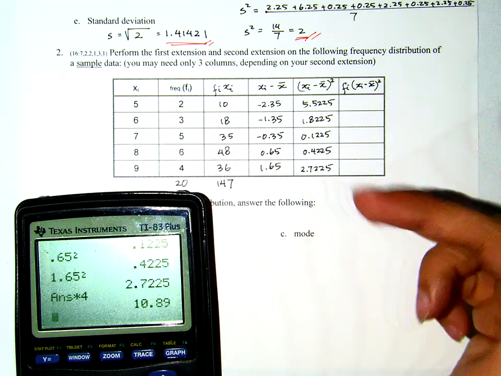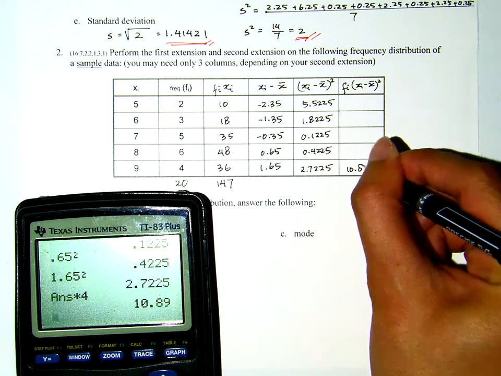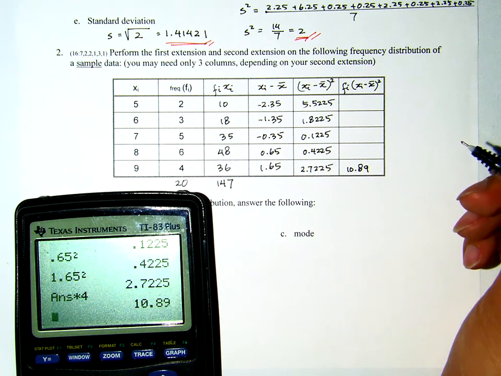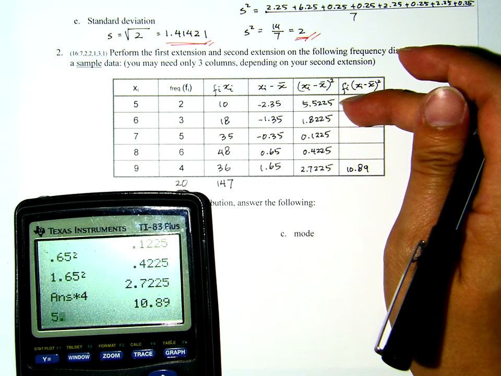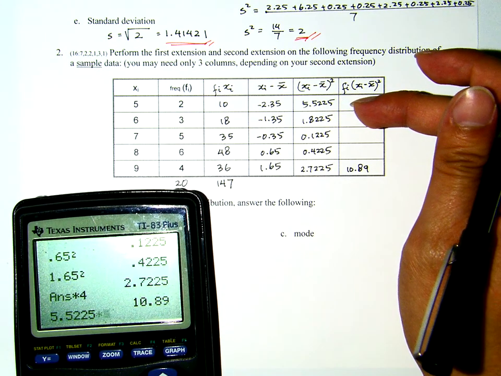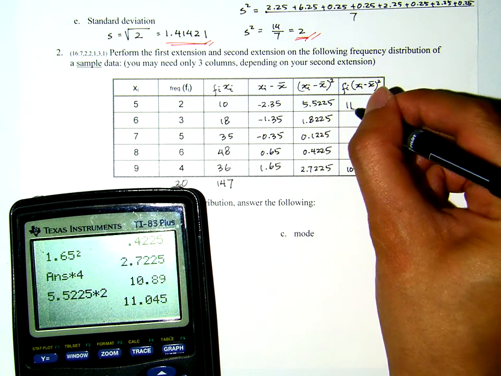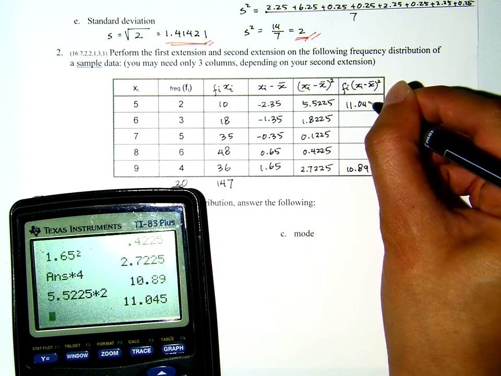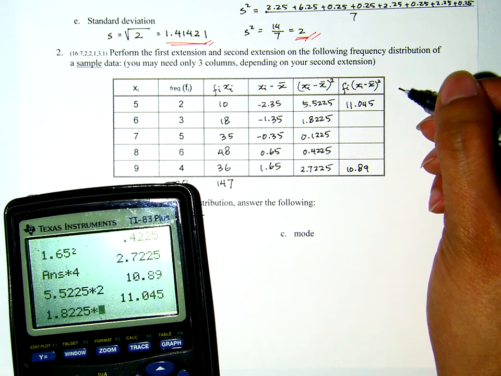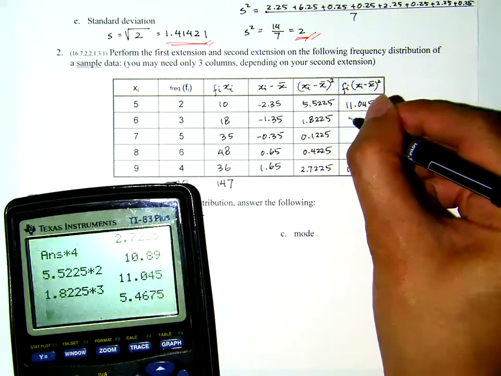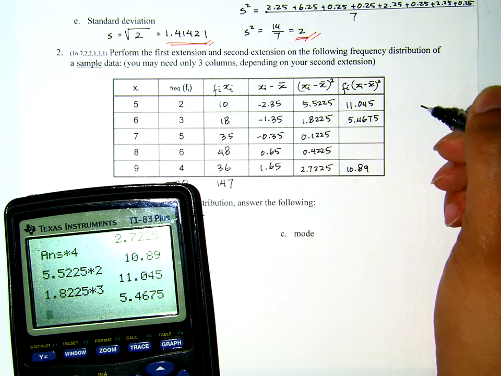Now let's multiply each one of them by the frequency. The bottom one I multiply by 4, that will be 10.89. Okay, and then let me start from the top. 5.5225 times 2 is 11.045. 1.8225 times 3, 5.4675.